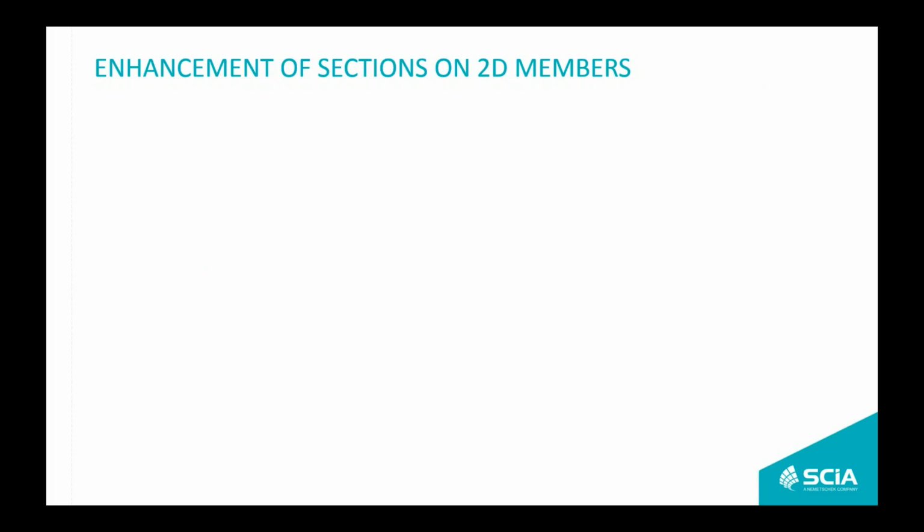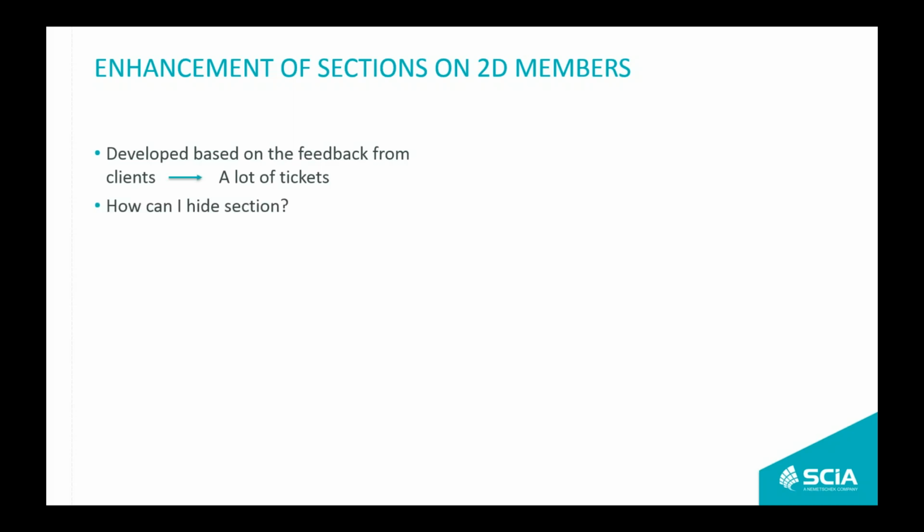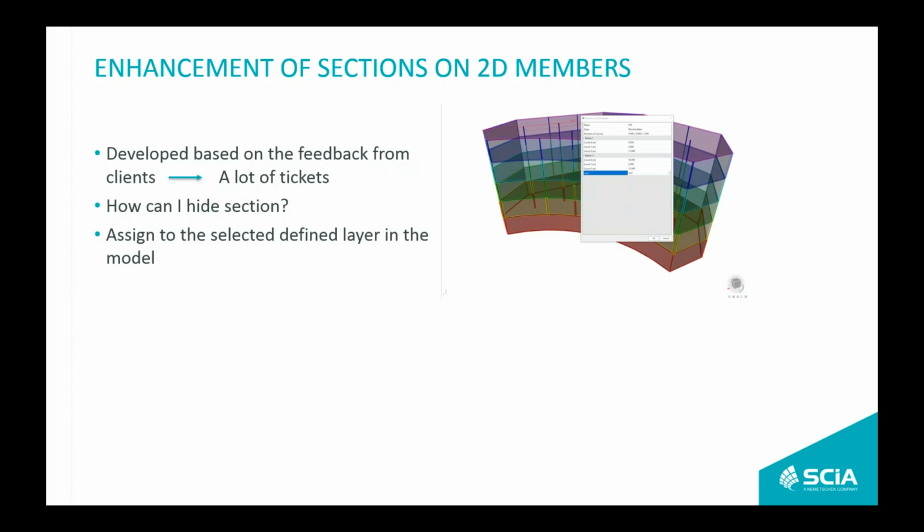We also enhanced the sections on 2D members. Based on the feedback from our clients, from you, we got a lot of tickets that these sections are visible in the project, in the pictures, all the time, and asking if they can be hidden. Sure, they can be now, because you are able to apply them under a layer, and this layer can then be hidden, or they can be hidden by mere activity.